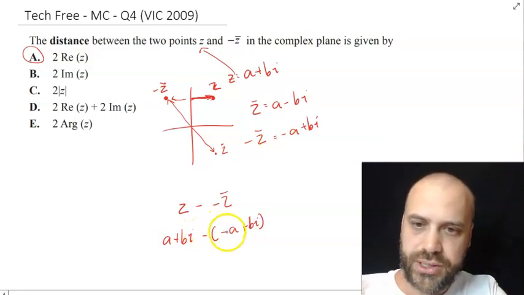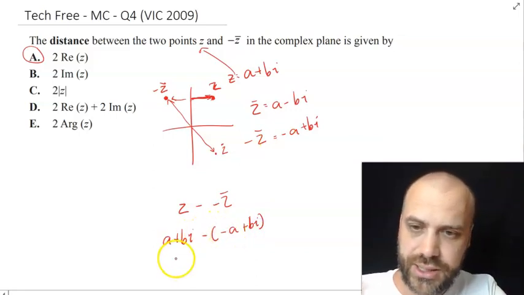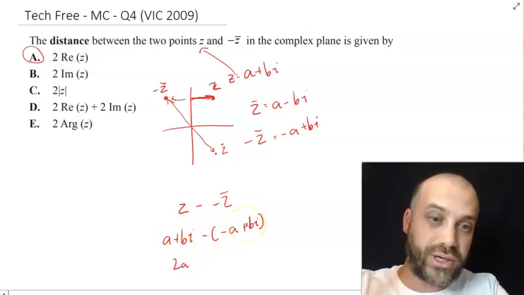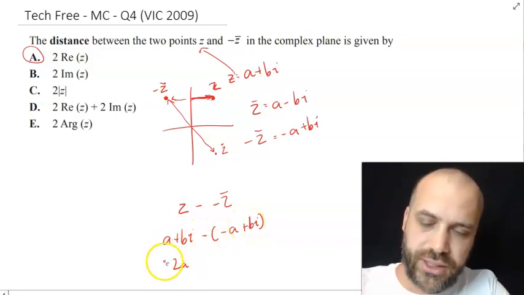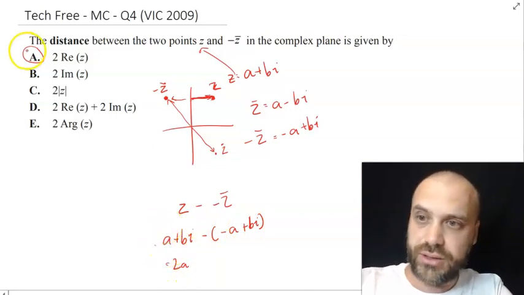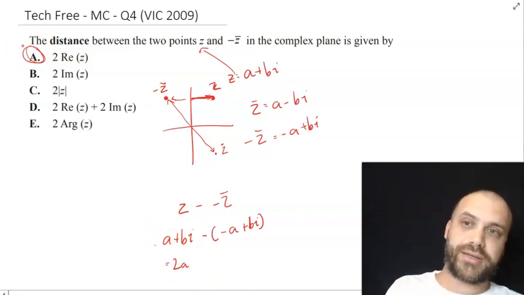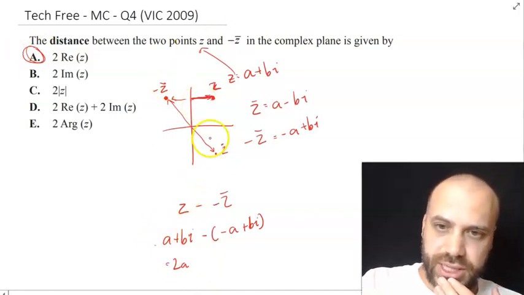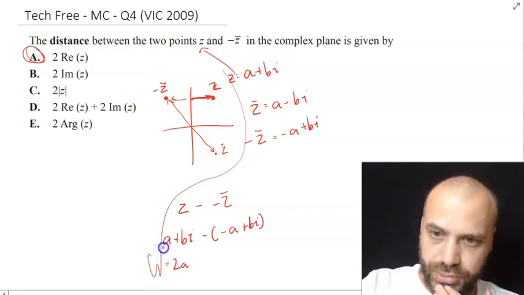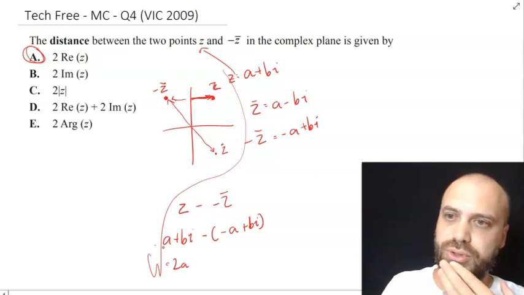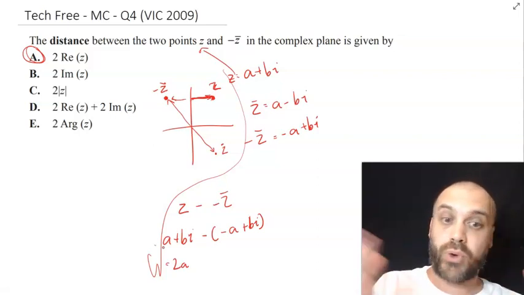So A minus negative A is 2A, and Bi minus Bi, they cancel each other out. So 2 times A, which is the real component of Z, my answer is A. Alright, so you can attack it geometrically, you can attack it algebraically. It doesn't really matter what you do here. Why not both? It's a good way to do it.